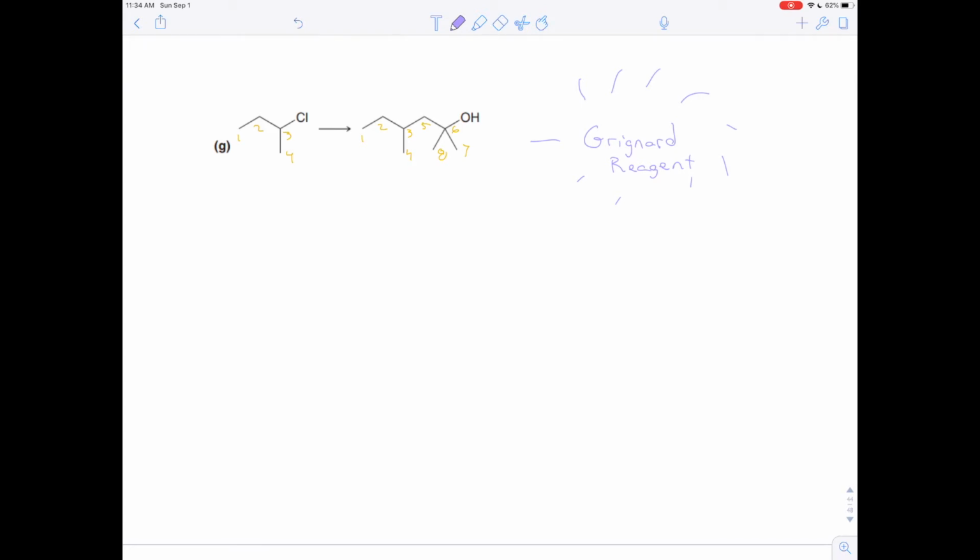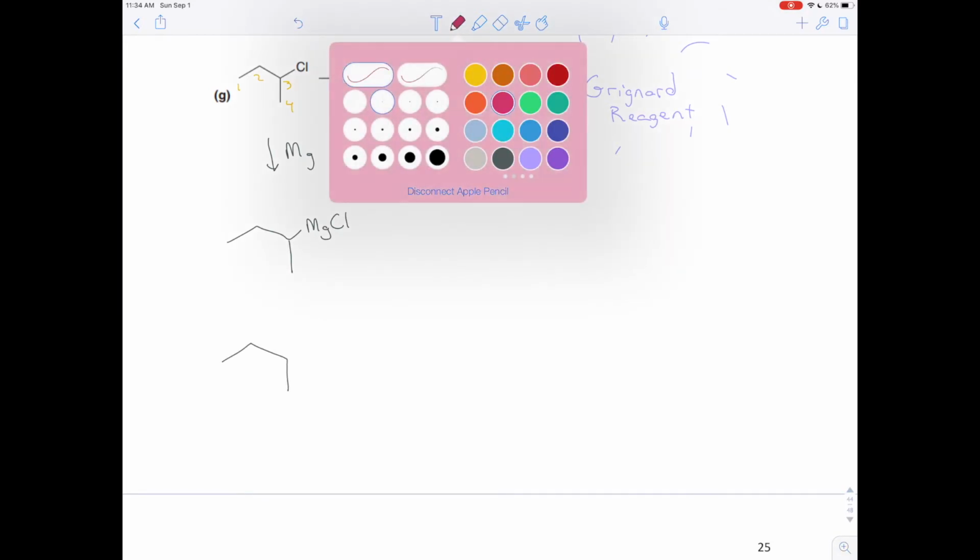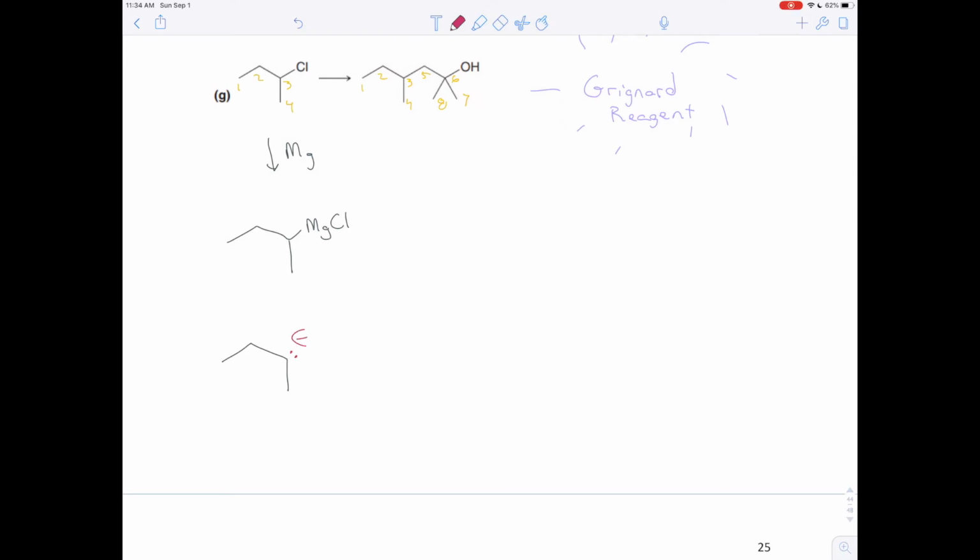Now, you make a Grignard reagent by taking your alkyl halide and dumping some magnesium into it. So here, the rest of the molecule would stay the same, and we just have that there. And really, that would function as sort of a carbon nucleophile.